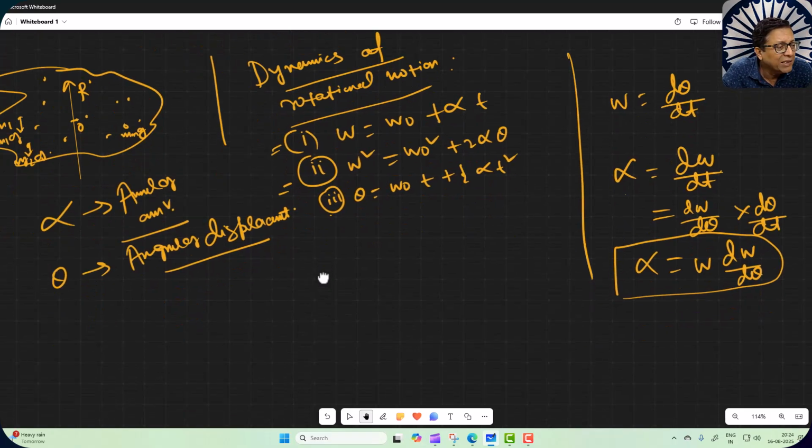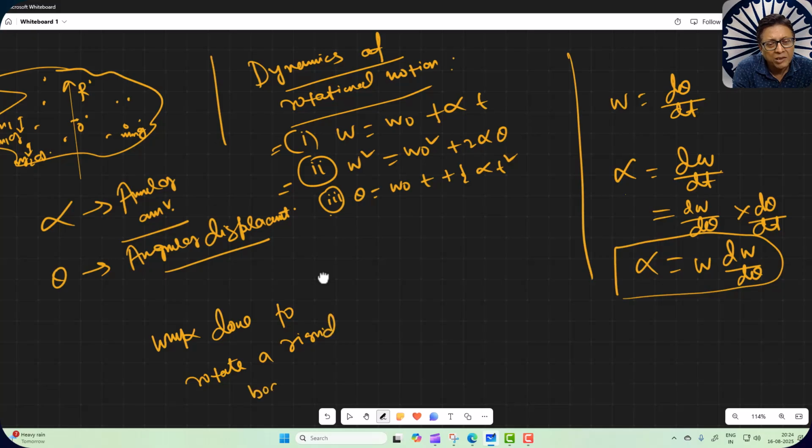Another thing is there, that is, what is the work done to rotate a rigid body?